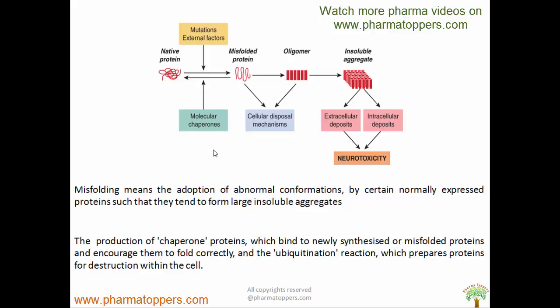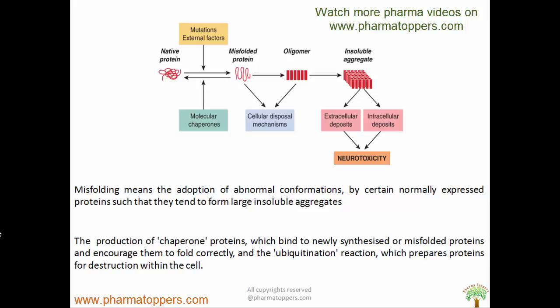So misfolding means adoption of abnormal conformations by normally expressed proteins, such that they tend to form large insoluble aggregates. The misfolding often means the hydrophobic residues that would normally be buried in the core of the protein are exposed on its surface, which gives the molecule a stronger tendency to aggregate, initially as an oligomer and then as insoluble microscopic aggregates.